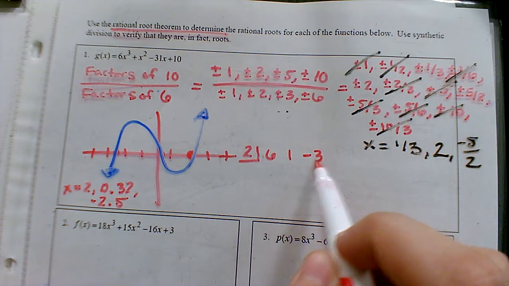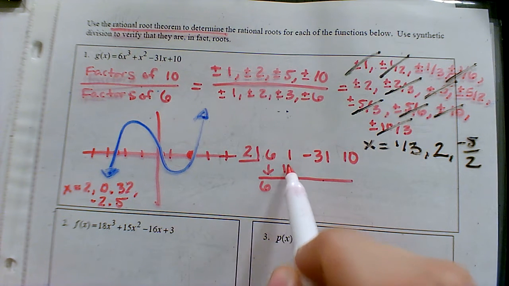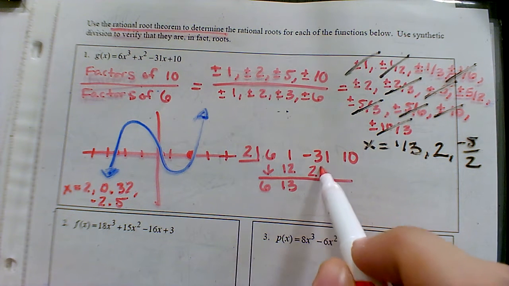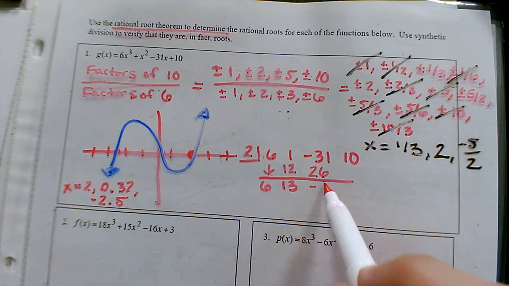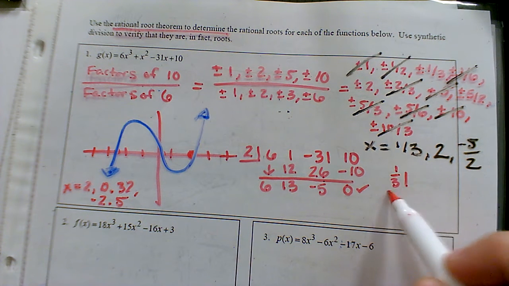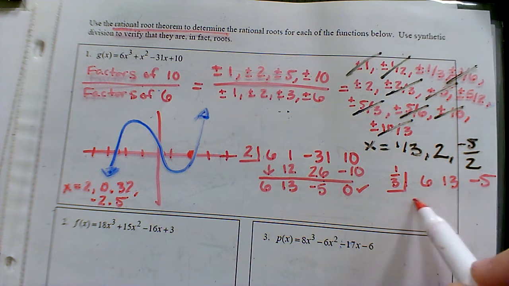And we'll take the coefficients from the polynomial. So it looks like 2 is a root. It goes in evenly. Maybe we'll try 1/3 next, using the 6, the 13, and the -5.